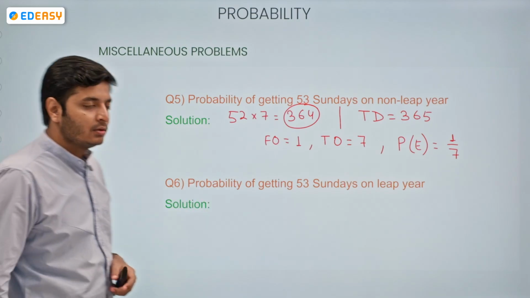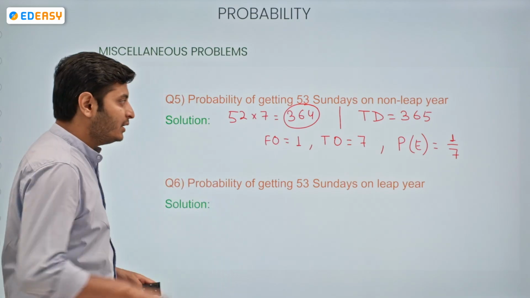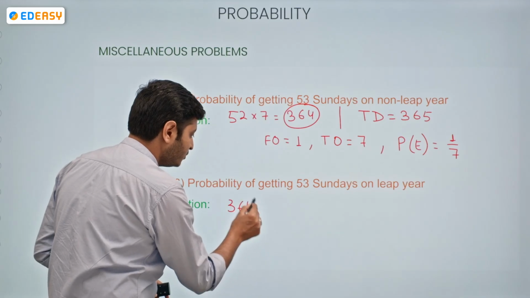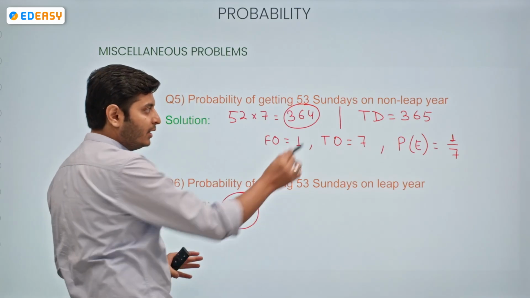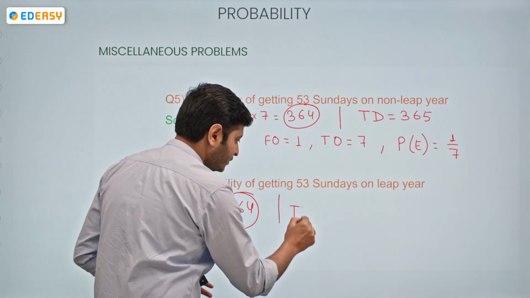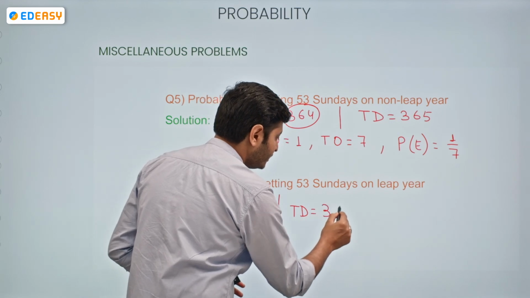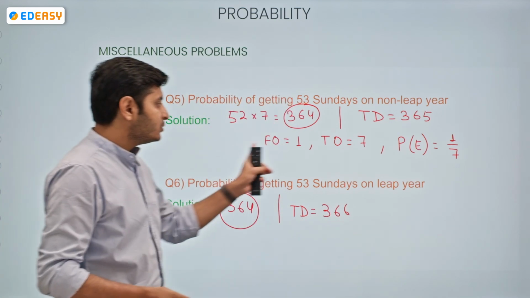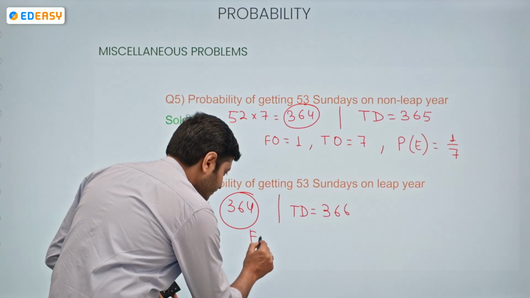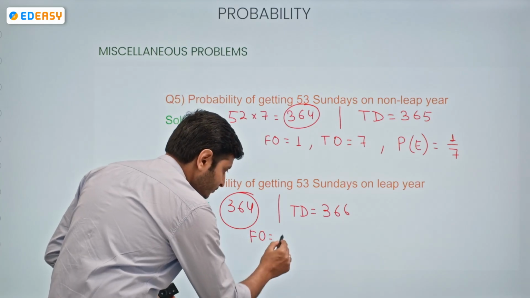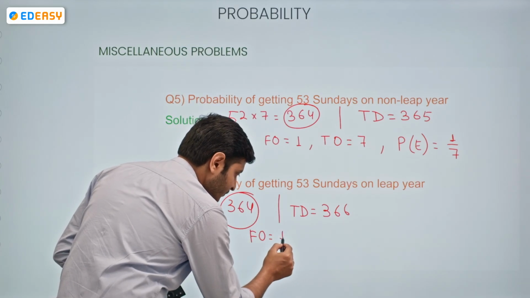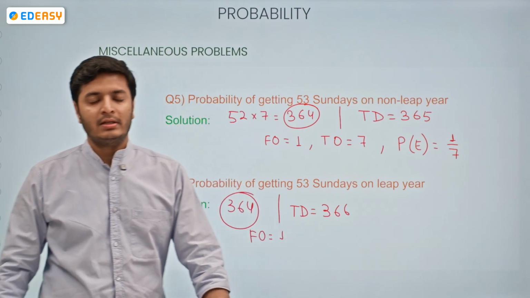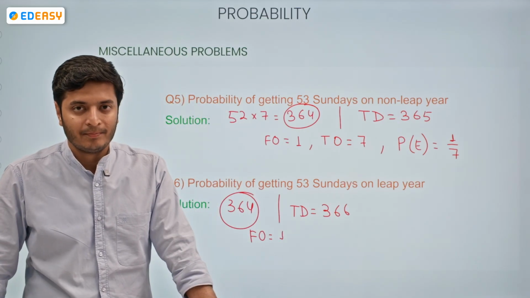In case of a leap year, this calculation will remain the same. So 364, okay. But total days here are 366. One extra day, correct? So then favorable outcomes: either the first day can be Sunday or the second day can be Sunday, correct?